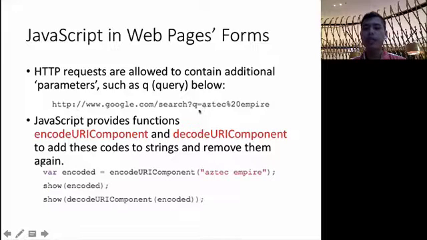That triggers a query, and it queries Aztec Empire. The %20 means space. JavaScript provides the functions encodeURIComponent and decodeURIComponent to add these codes to strings and remove them again. Here's an example of that code being shown, where we use encodeURIComponent and decodeURIComponent.